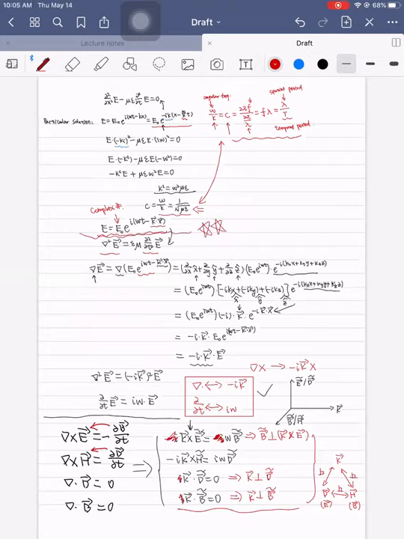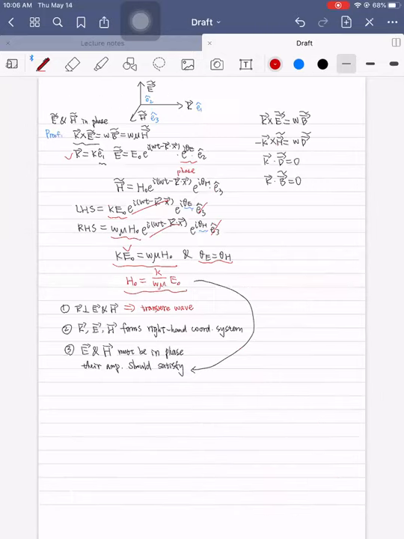And we rewrote the Maxwell equations using this complex analysis expression. The reason we can substitute the nabla and the time derivative in this way is that we calculated it and found we can do this. So from these rewritten Maxwell equations, we first derived the relations between K, E, and H. Finally, we got these three important conclusions.